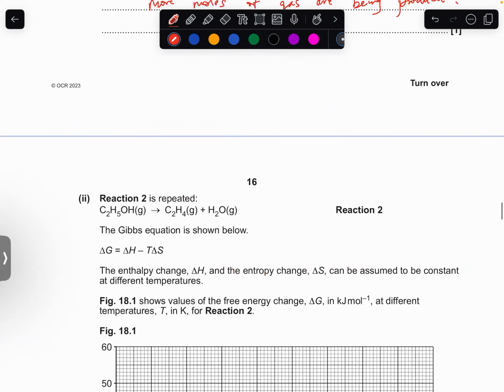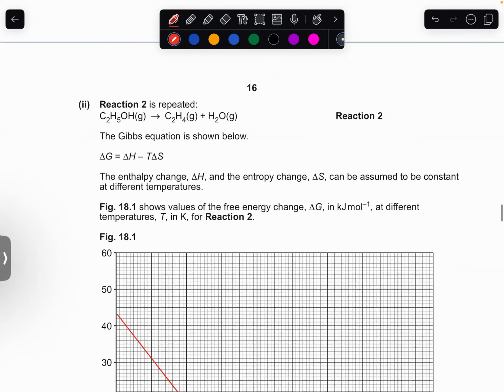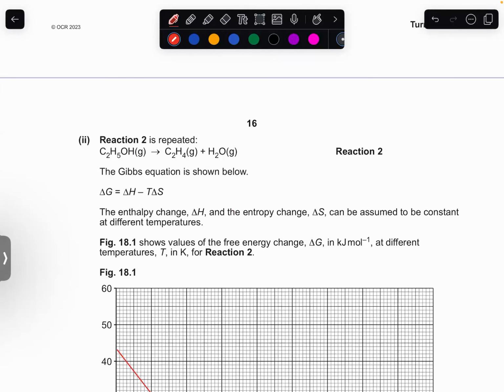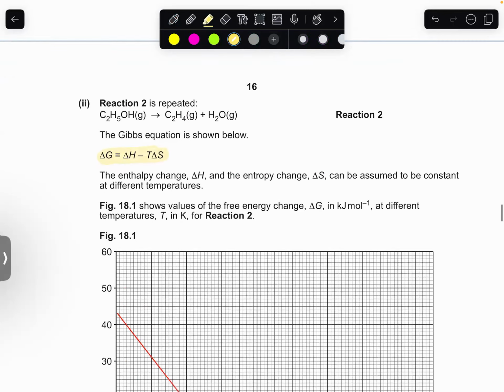Next question. You're using the Gibbs equation here, Gibbs free energy. The delta G symbol refers to Gibbs free energy. Delta G equals delta H minus T delta S. We're going to be using this. Reaction 2 is repeated.